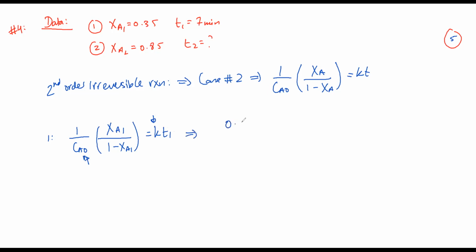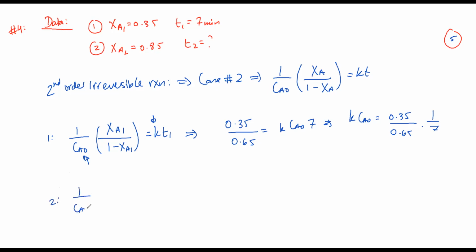So XA1 is 0.35, 1 minus XA1 is 0.65, is equal to K Ca naught multiplied by 7. So K Ca naught is equal to 0.35 over 0.65 multiplied by 1 over 7. Okay, so now I'm going to use the second set of conditions, 1 over Ca naught, XA2 over 1 minus XA2 is equal to K T2.